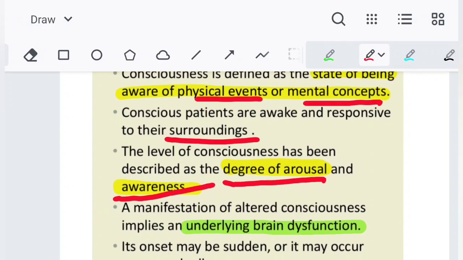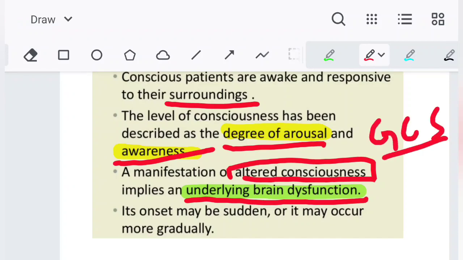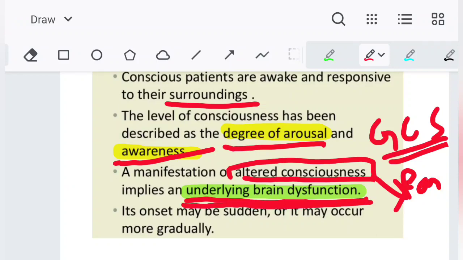So altered consciousness can denote underlying brain function. So GCS we are using to determine the consciousness level. If GCS is poor, we can say that altered consciousness is present. So that might determine an underlying brain dysfunction.